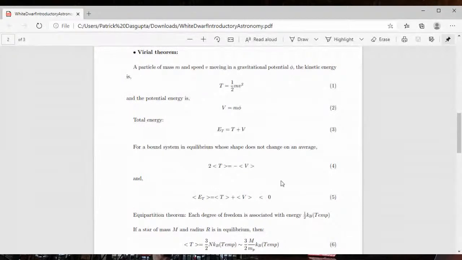And because the system is bound, the average total energy, which is the sum of average kinetic energy and average potential energy, is also negative, in order that the system is bound.